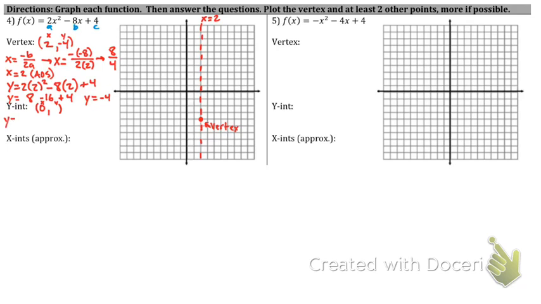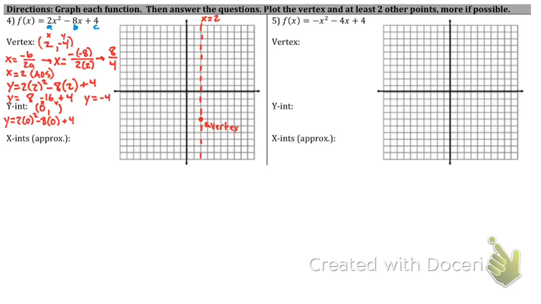So y equals 2 times 0 squared minus 8 times 0 plus 4. Okay, and let's do this math. It's pretty quick. Especially in standard form, it's very easy. 0 squared is 0. 0 times 2 is 0.